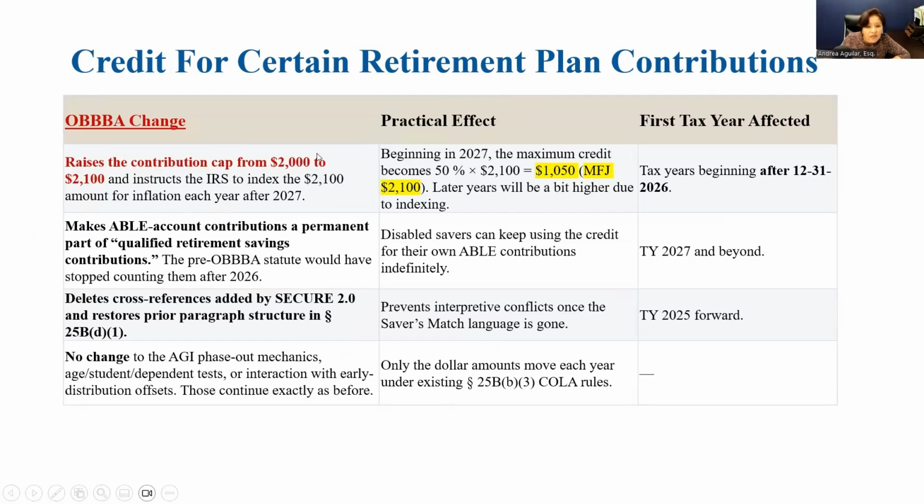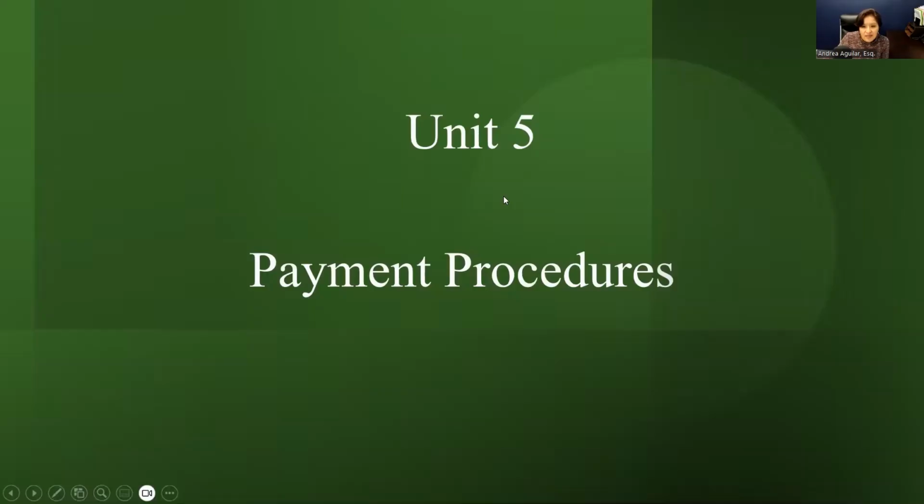Also, the maximum amount is going to change in 2027 because it's going to be adjusted for inflation. The amount of contribution will increase up to $2,100, making the credit for any individual up to $1,050, and for any married couple, $2,100. So that is the change that was recently enacted.